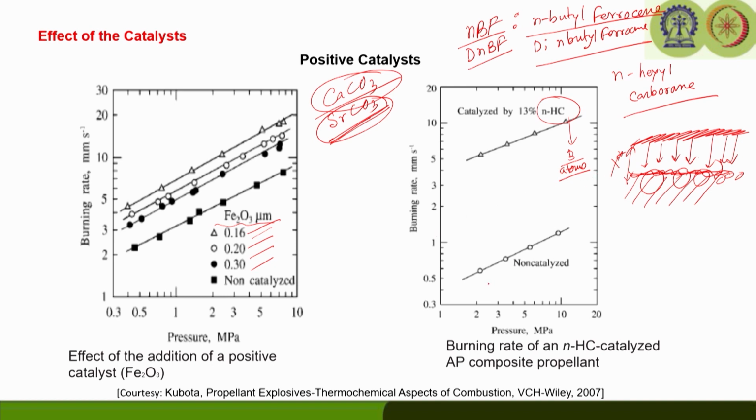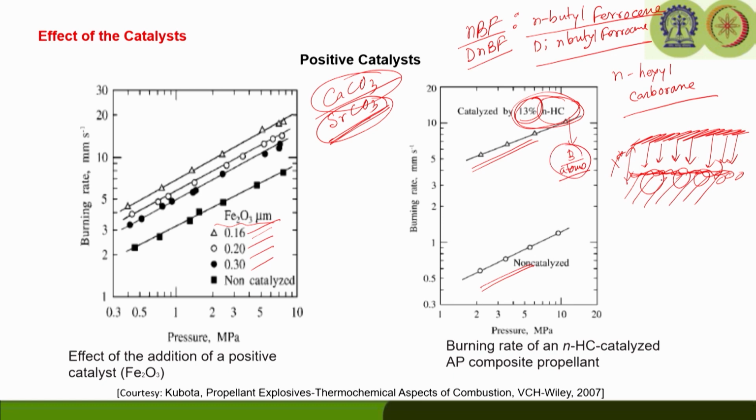If you look at the non-catalyzed composite propellant versus the catalyzed composite propellant, which contains 13% N-hexyl carborane, that is the reason it improves the burn rate of the composite propellant. On decomposition, N-hexyl carborane produces some boron atoms, which act as fuel at the burning surface and provide heat flux to the propellant surface.